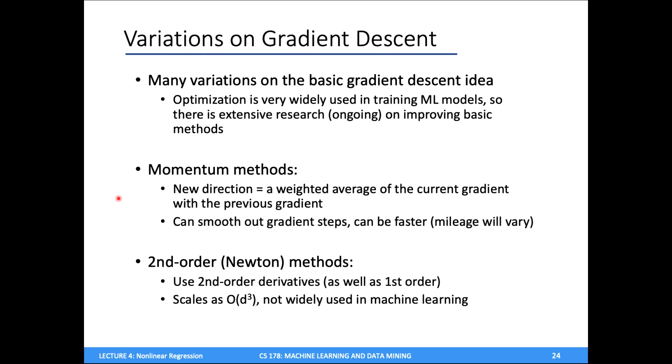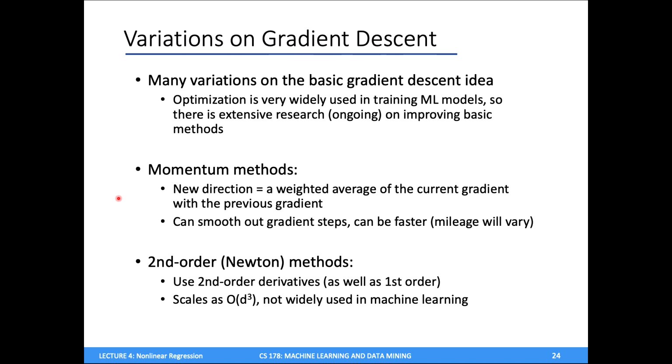A general class of these more advanced optimization methods are called momentum methods. So if you've ever heard of something like Adam or gradient descent with momentum, those are examples of momentum-based optimizers. And again, some physical intuition here really helps. Rather than just rolling our ball downhill, we'll also keep track of the momentum of this ball.